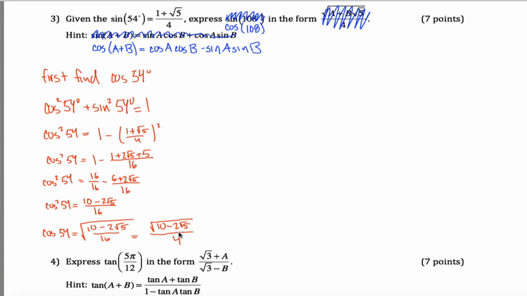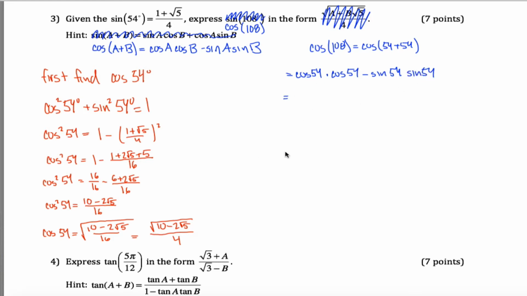That's the hardest part of this problem, because if you have the cosine of 54, you can then plug that in to this formula up here and say, let's see, how should I write this? The cosine of 108 is equal to the cosine of 54 plus 54, which is equal to the cosine of 54 times the cosine of 54 minus the sine of 54 times the sine of 54.